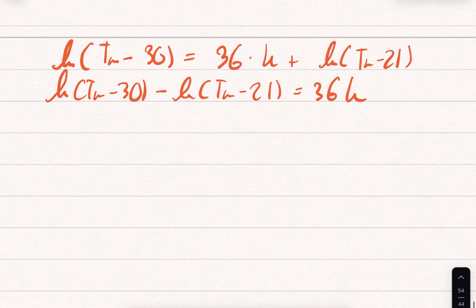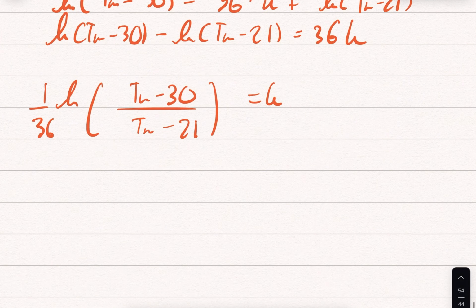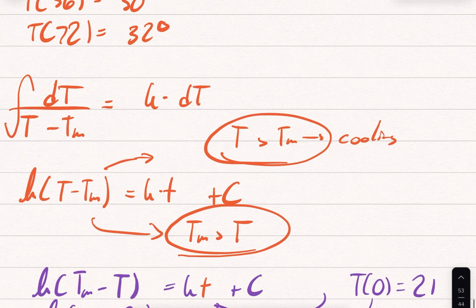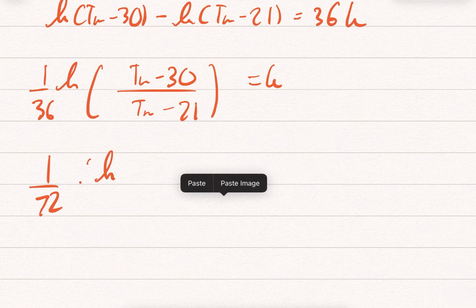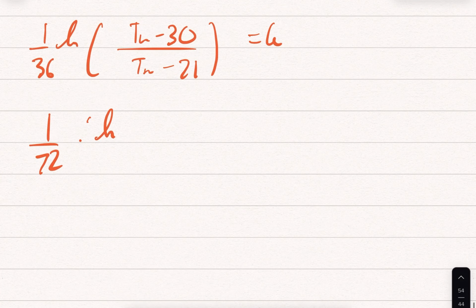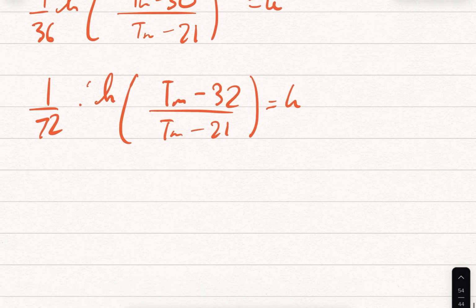36K. I'm going to do a couple things here. I'm going to have 1 over 36 times ln of Tm minus 30 over Tm minus 21 equals K, isolated for K. Now for this last point, I'll have 1 over 72 times ln of Tm minus 32 over Tm minus 21 equals K. You could follow the same steps if you need to, but pasting the image is a hassle. I'm going to set them equal to each other.